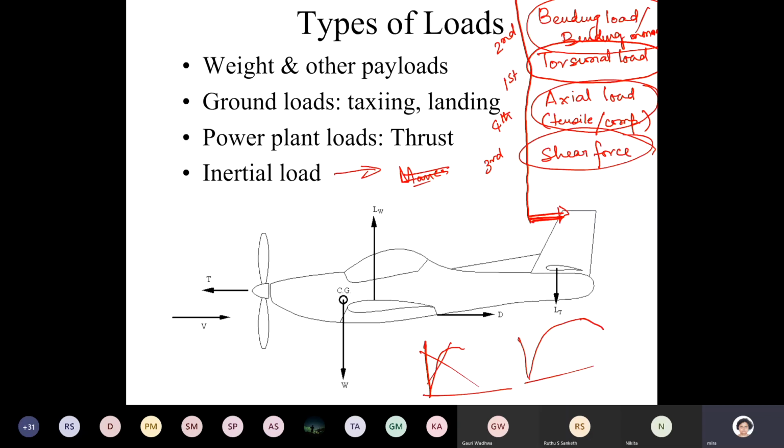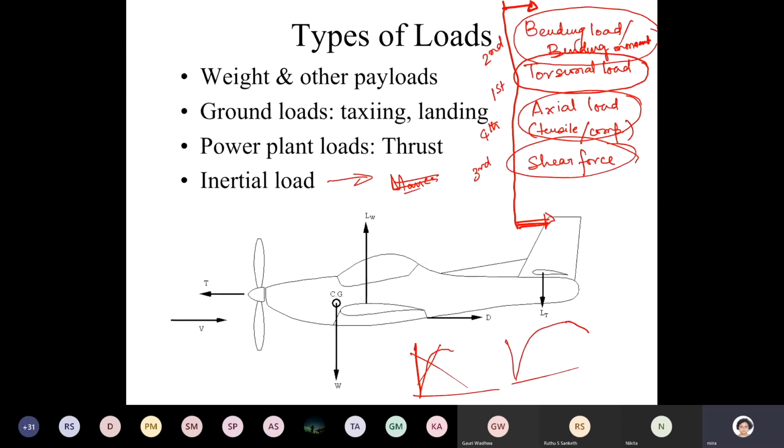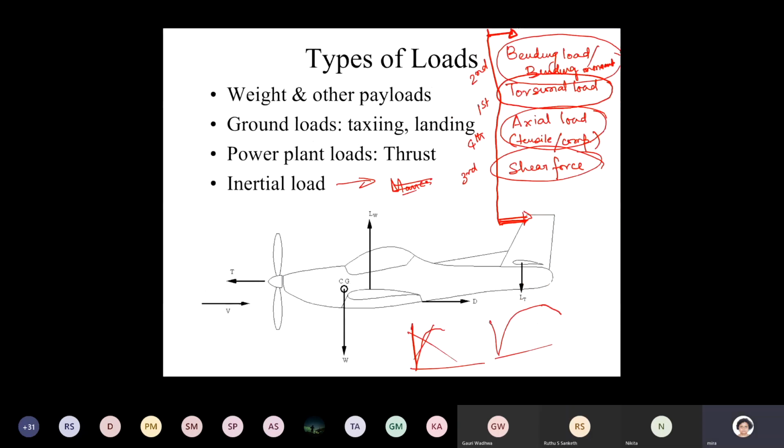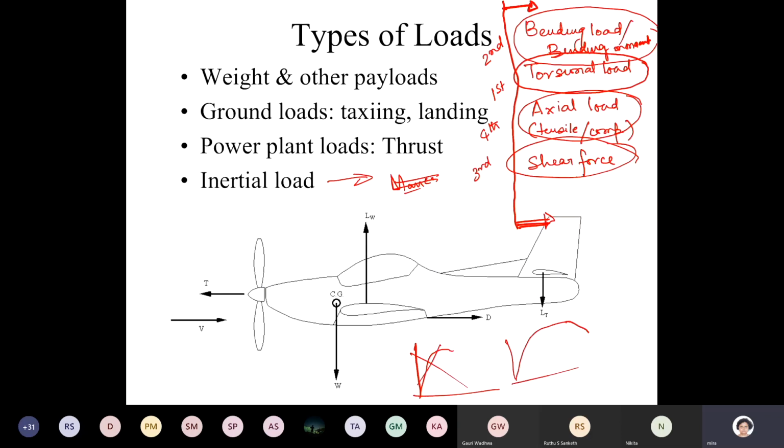So we have to analyze the structure for the torsional load of 5 kilonewton meter, find the maximum shear stress, and see whether it is within the allowable shear strength of the material. If it is not within the allowable, it's going to fail, the design is not proper, and then we have to redesign the whole structure. So that is the primary motivation of the course.